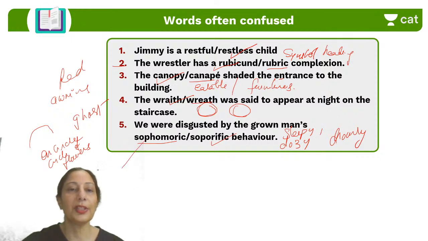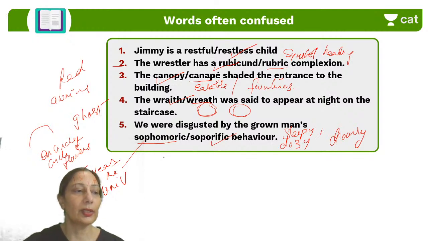Yes, sophomore. It is your first year in the university. You say the sophomores of the university. So the first year is your sophomore year in the university. Most American universities use this particular word, right? Okay, guys. What does wreath mean?